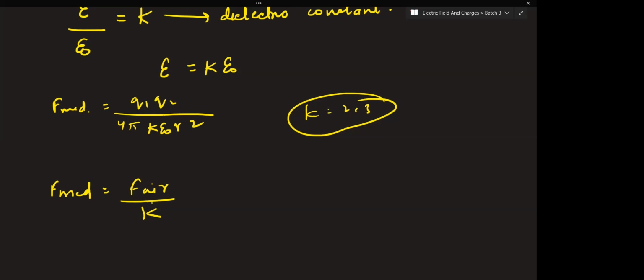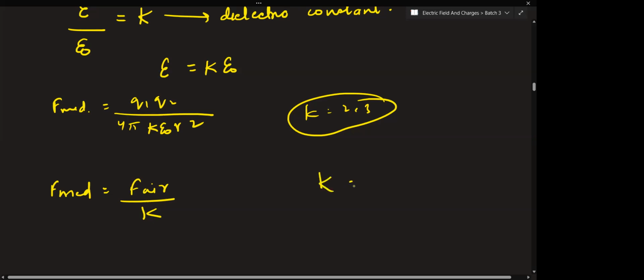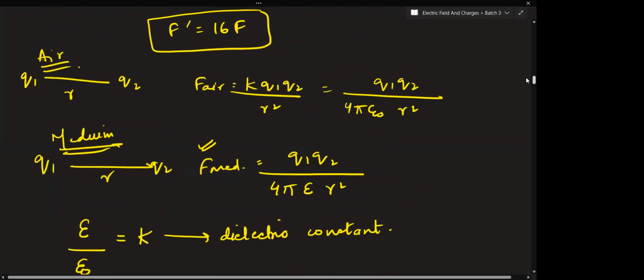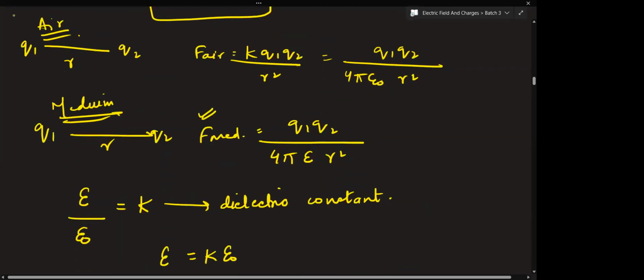Directly divide whatever force is given to you in air by the dielectric constant. Or the dielectric constant will be force in air by force in the medium. Right? This is how you use it. So note this as well. Just make a note point and add this.